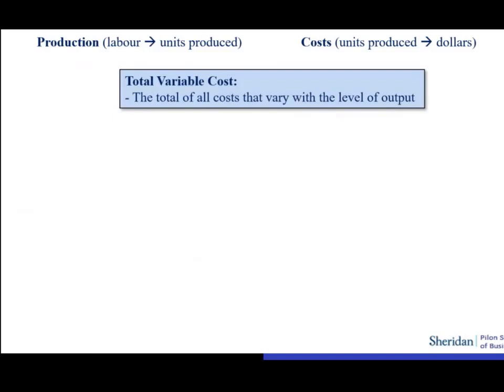So let's define the cost variables that we will use. So total variable cost is the total of all costs that vary with the level of output. So again, you're thinking of labor as a variable cost, the flour and dough you use to make sandwiches in a sandwich shop, anything like that.